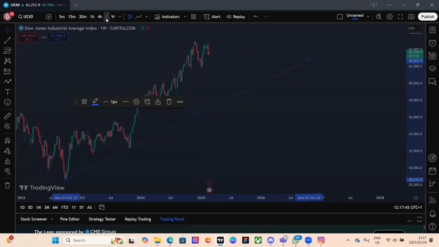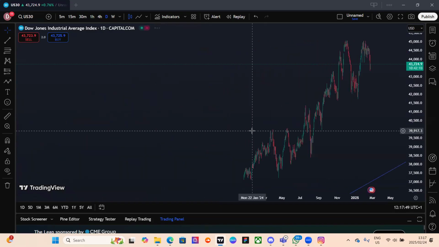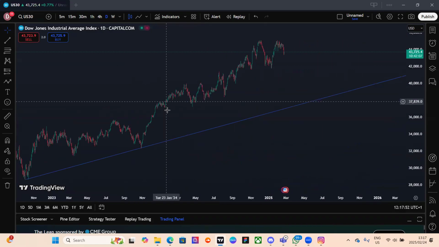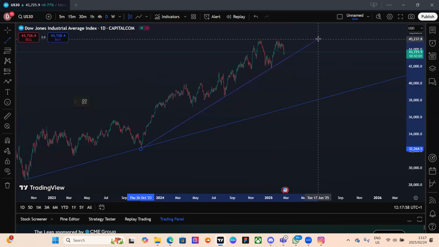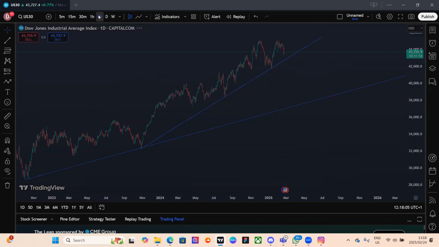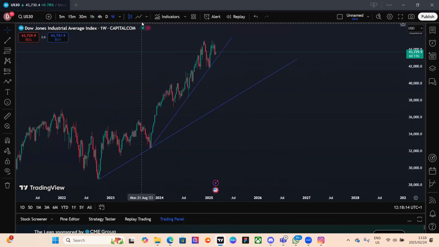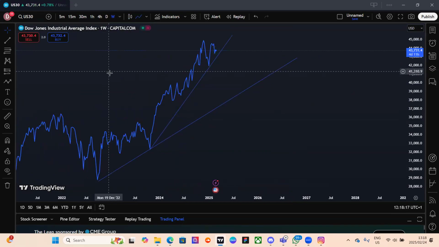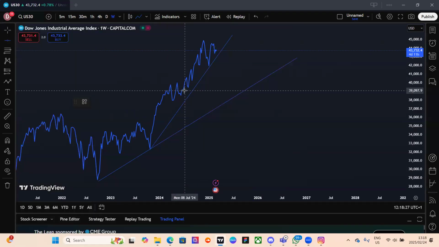Daily time frame. We're now going to jump into our areas and see the testing happening.